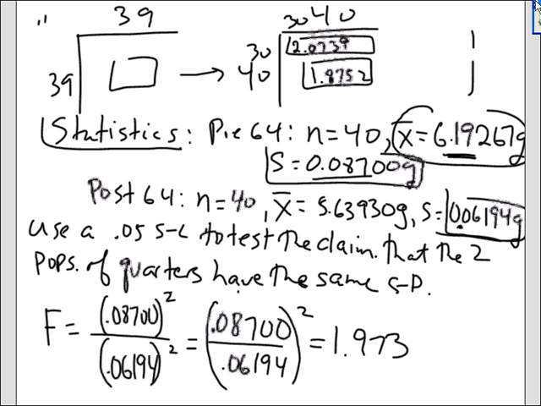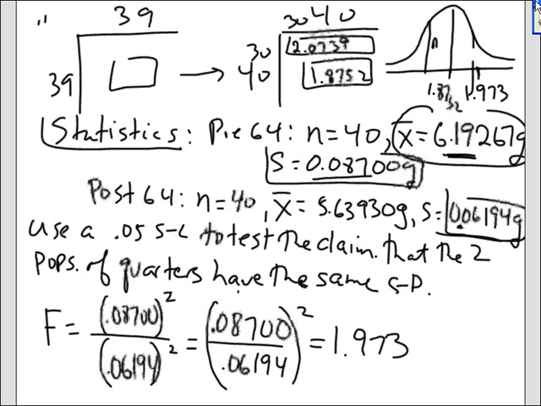It's getting to be a bit tricky here. Our cutoff, our F value, our F value is 1.973. 40-40 is 1.8752. That's the cutoff. Okay?